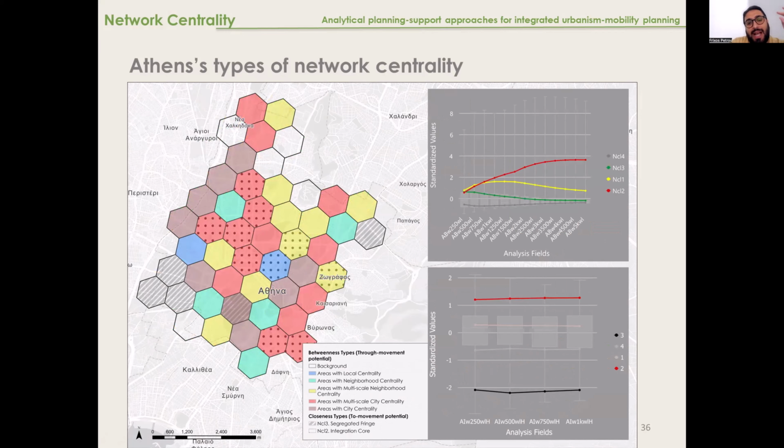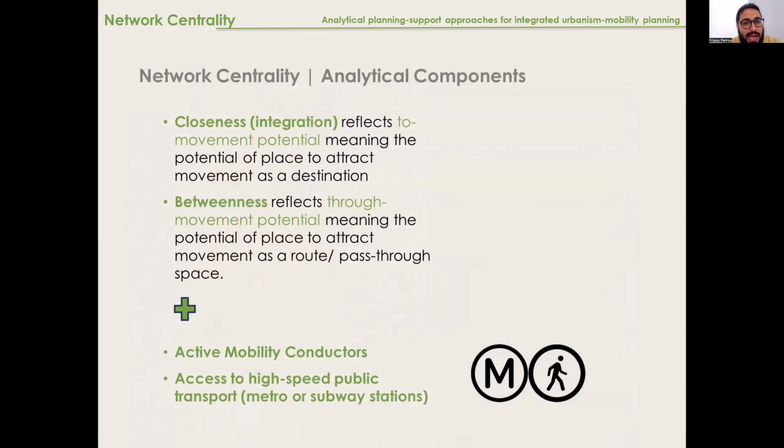So here we can see how the integration types, the closeness types, meaning the potential of a place to be used as a destination, and the betweenness types, meaning the through-movement potential, can be combined. And finally, as mentioned in the beginning, we have also integrated the infrastructurally defined centrality, specifically the active mobility connectors and access to high-speed public transport.